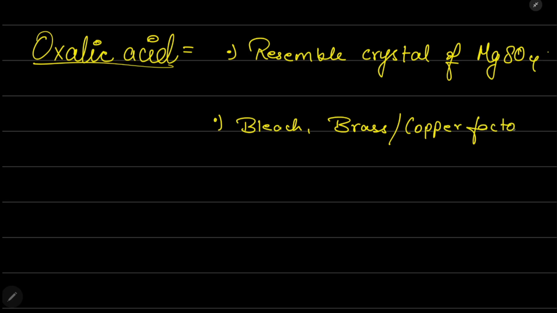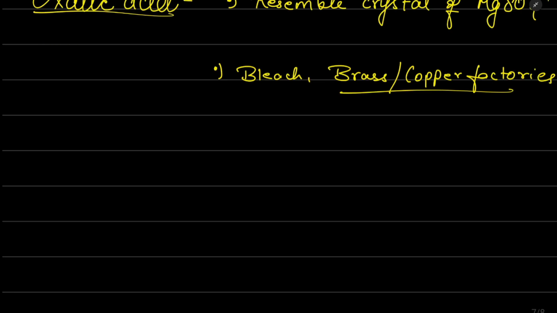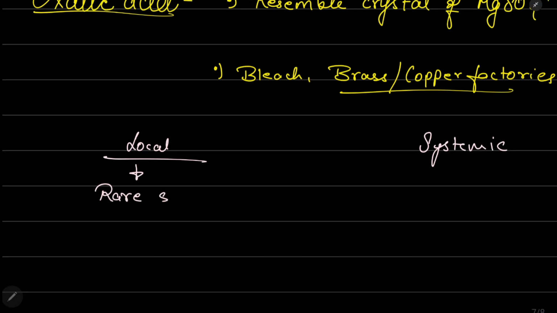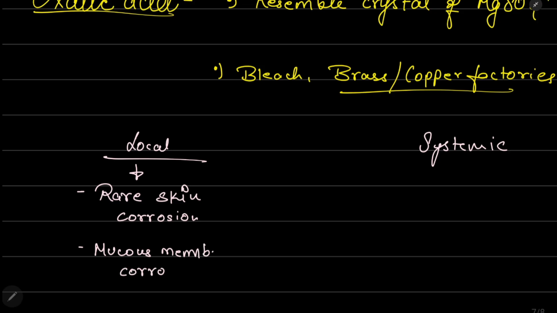So workers in these factories are more prone to oxalic acid poisoning. Oxalic acid also has local as well as systemic effects. Local effects: it is very rare for the skin to be burnt or to get necrosis or corrosion. But the mucous membrane of the stomach is corroded.